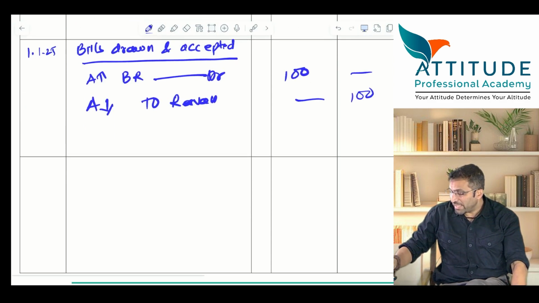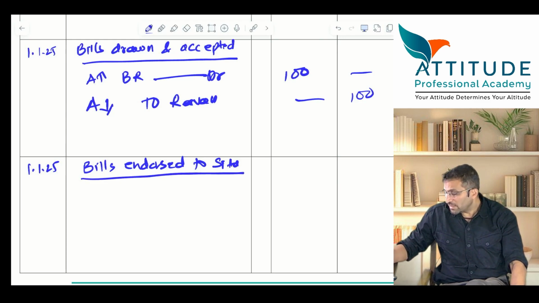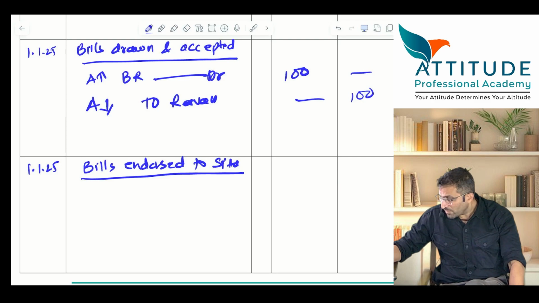On the same day, the bill is endorsed. Bills endorsed to whom? Sita.